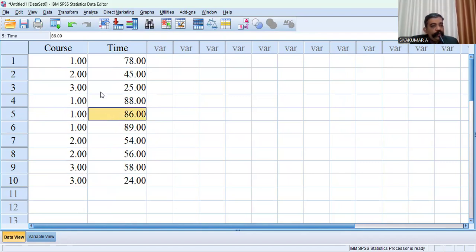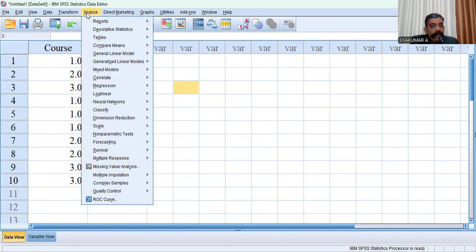Then 1, 2, 3, 1, 1, 1, 2, 2, 3, 3. The time taken to solve the spreadsheet problem is calculated in minutes: 78, 45, 25, 88, 86, 89, 54, 56, 58, and 24.